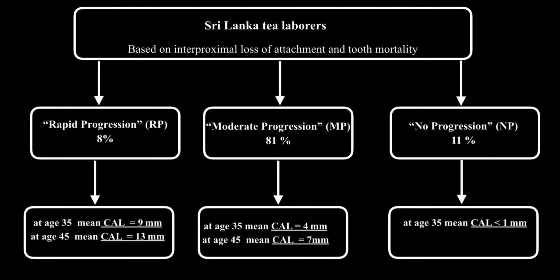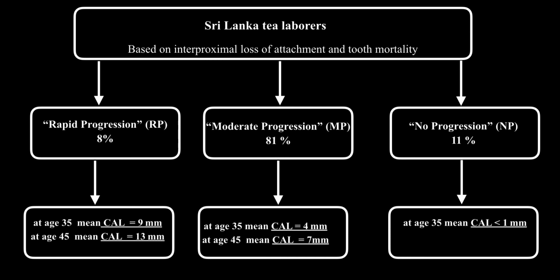So they divided the Sri Lanka tea laborers based on the interproximal loss of attachment and tooth mortality into the rapid progression group, which was 8%, and they showed that the clinical attachment loss was between 9 to 13 millimeters, while the moderate progression group was around 81%, and the clinical attachment loss was between 4 to 7 millimeters.